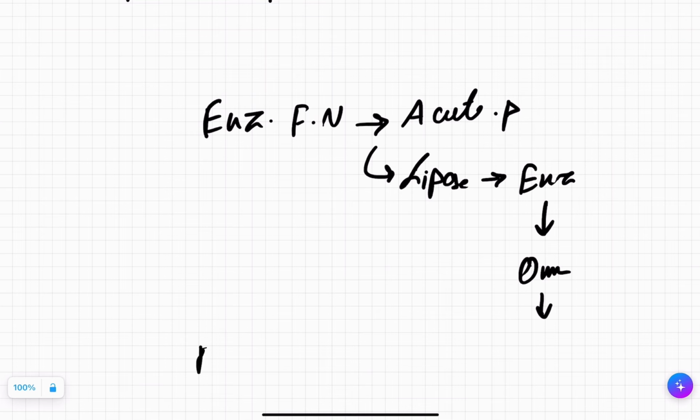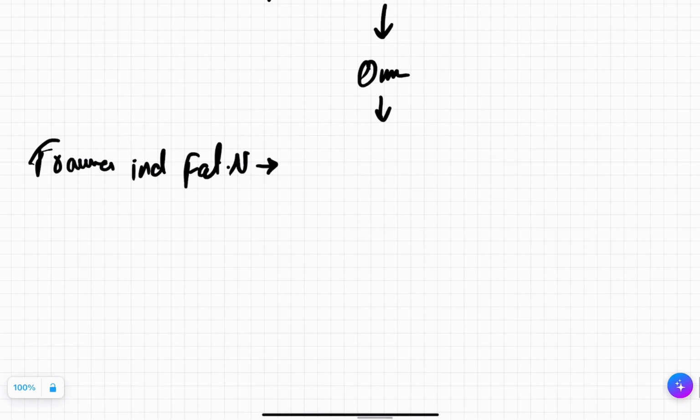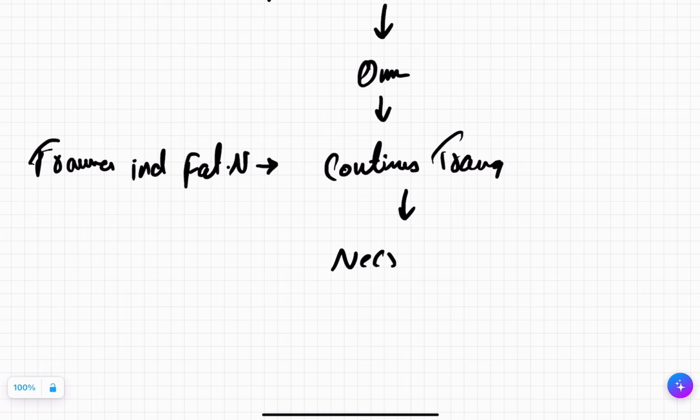While in the case of trauma-induced fat necrosis, continuous trauma results in the necrosis of fatty tissue.